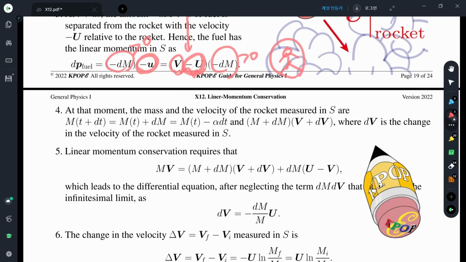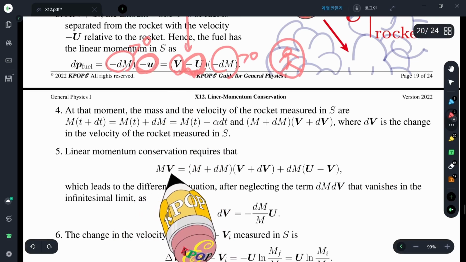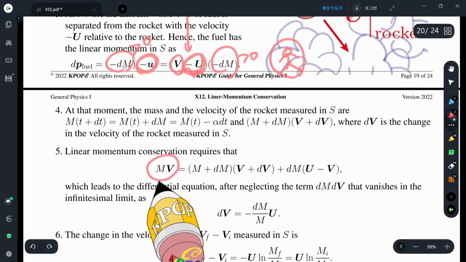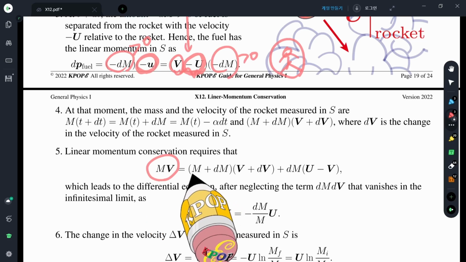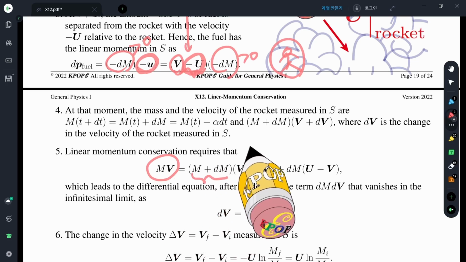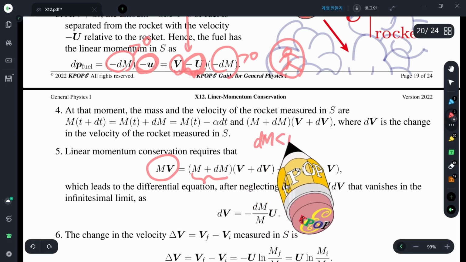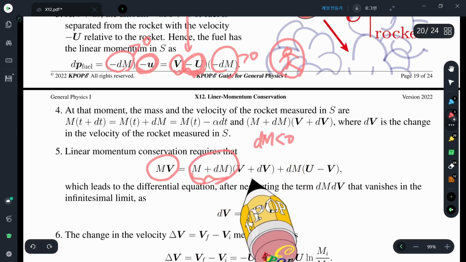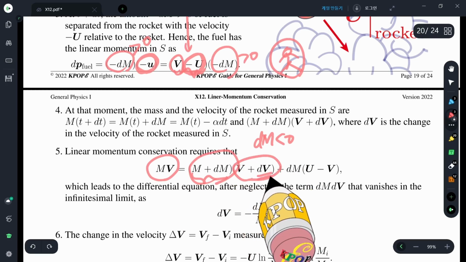So everything is ready. The initial total linear momentum of the rocket-gas system. The rocket loses its mass. The dm is negative, it loses its mass, and gains its velocity.